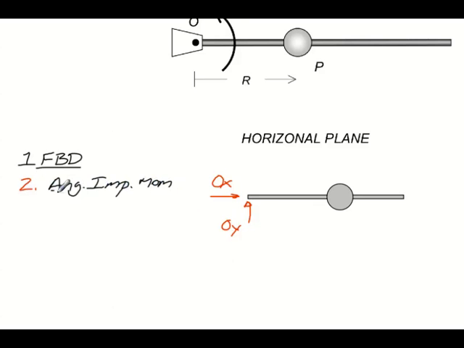The reason for choosing that approach is that we make the observation that although there may be forces acting there at O, they act at O, and therefore there's no moment that is created at O.